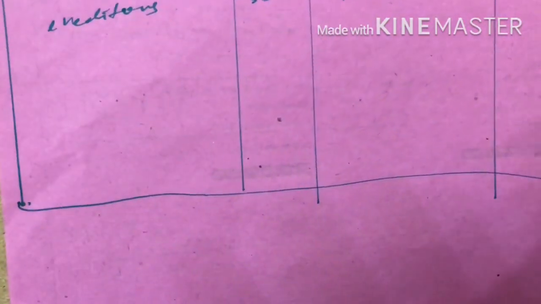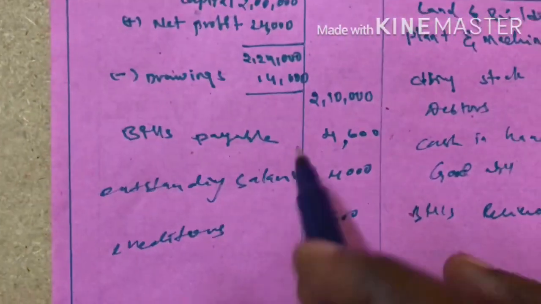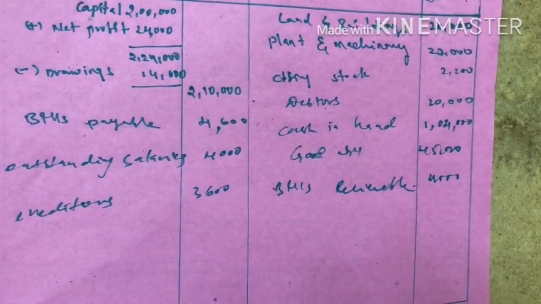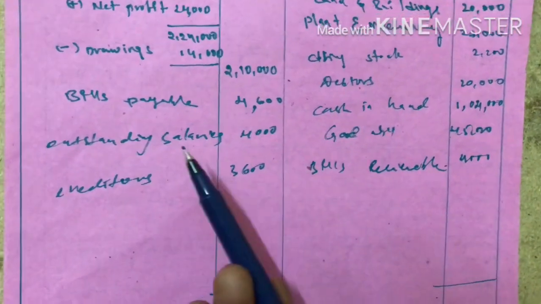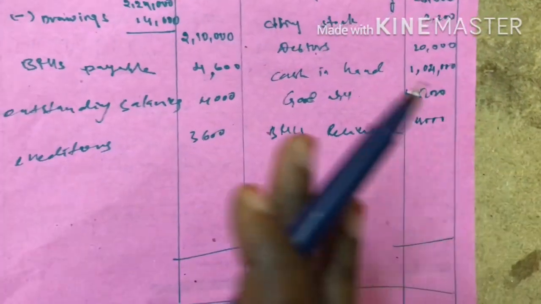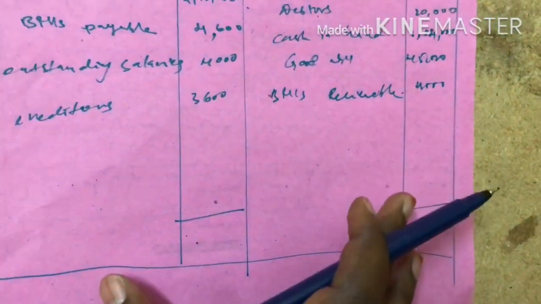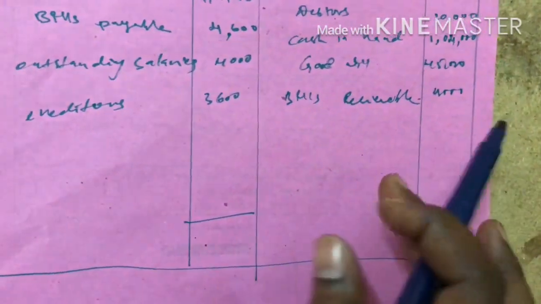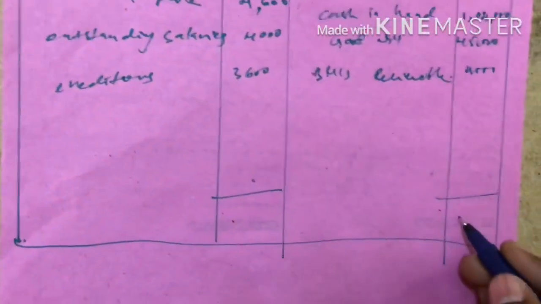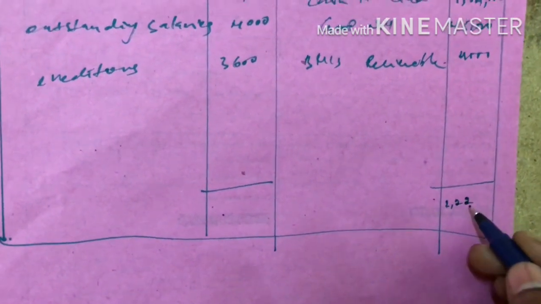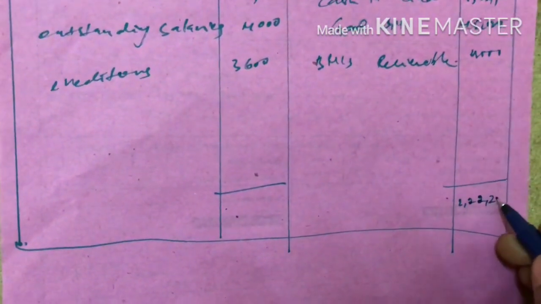Now you can close this one and add all the amounts of the liability side and all the amounts of the asset side. You can compare what the amount comes to on the asset side and what it comes to on the liability side, but the liabilities and assets are always equal. That means the same amount will be on the liability side and also on the asset side. Here the amount is, I think, 2,22,200.